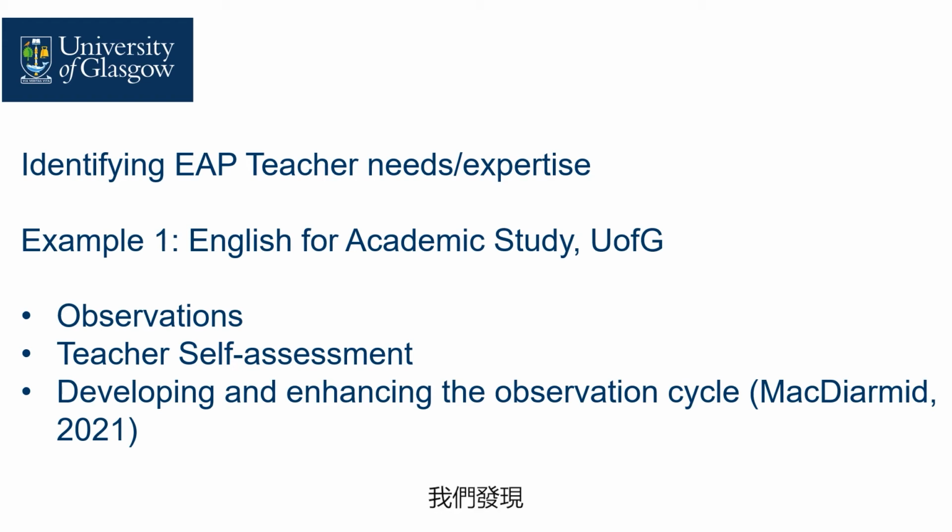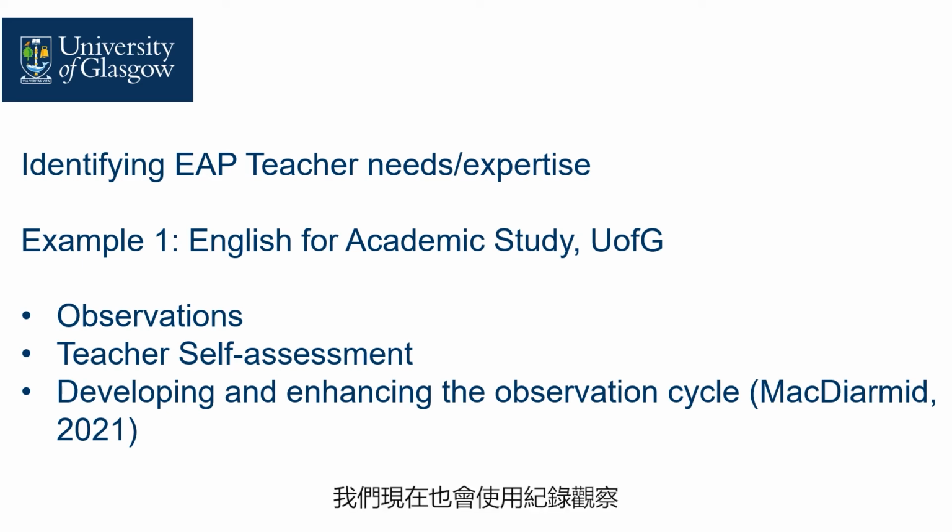We found that although the teachers found their individual observations very useful for themselves, it was actually the observers that were getting to see a wide range of EAP teacher provision. So we've built in more types of observations that are available, from peer observations, to what we call blind observations, where a teacher isn't observed but has a pre and post meeting to discuss how their lessons and their planning went.